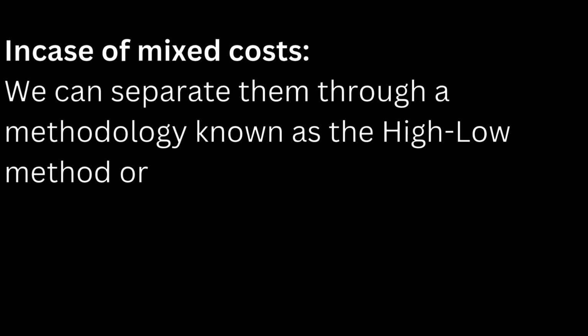But we can separate them through a certain method called the high-low method, or you can call it the range method. The high-low method is where variable cost per unit equals the cost of the highest activity minus the cost of the low activity, divided by the difference in the total activity.